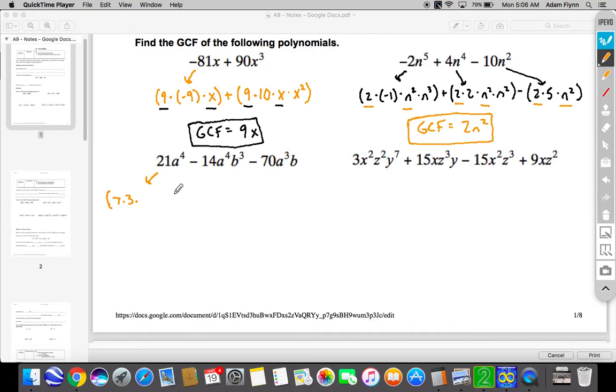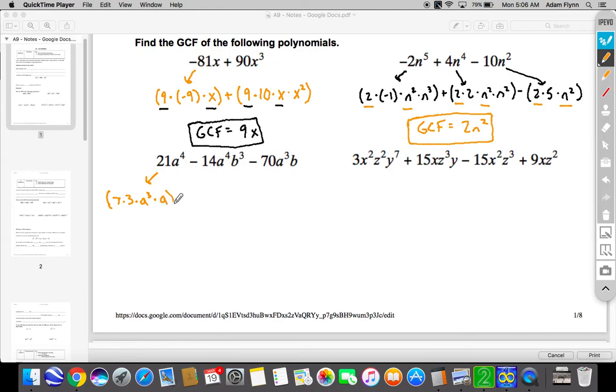Okay? If I take a look at my smallest exponent, I notice that this term has 4 a's, this term also has 4 a's, and this term has just 3 a's. So that means all three of these terms have at least 3 a's. So I'll break it down in terms of my 3 a's.